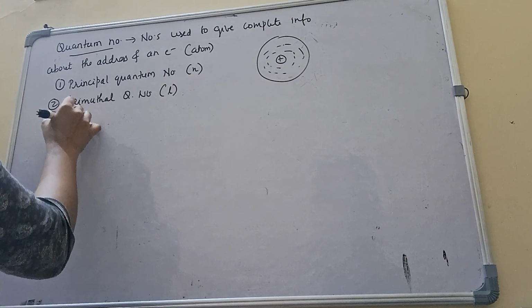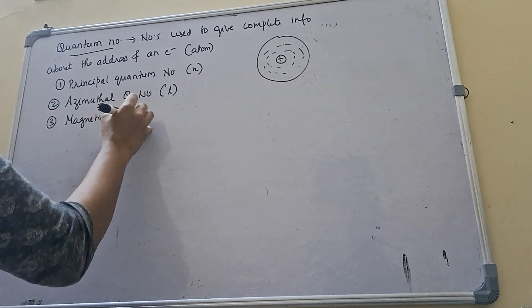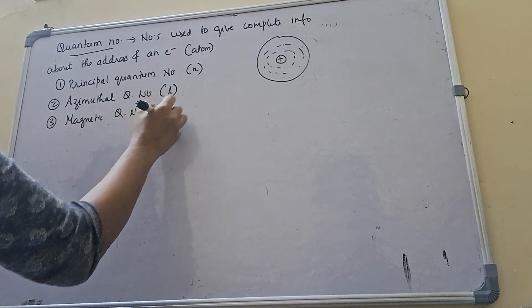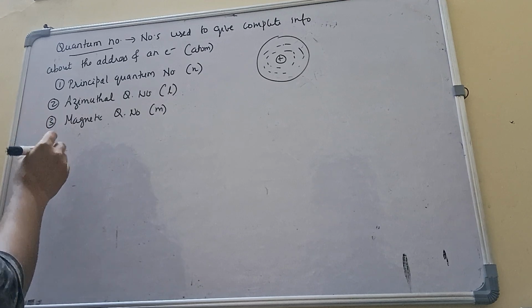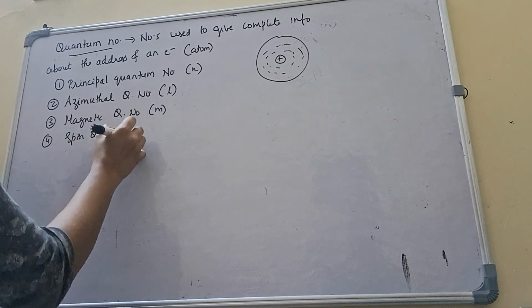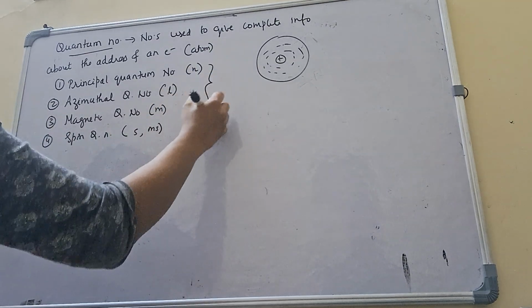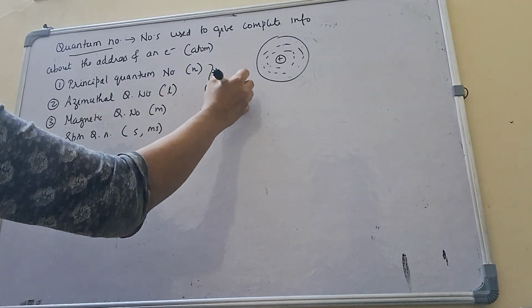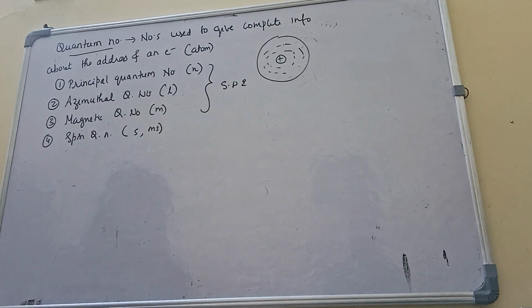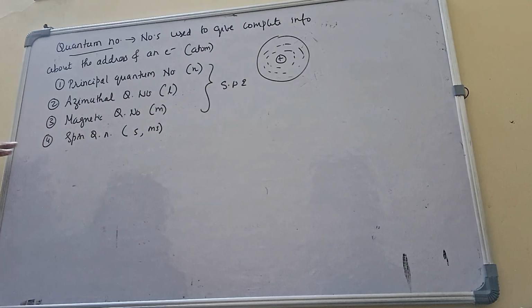The third one is the magnetic quantum number, which is denoted by m. And the last one is the spin quantum number, which is denoted by s or ms. Now the first three you get from the Schrodinger's wave equation. This last one you will not get from it because it has a fixed value. I'll come to that.